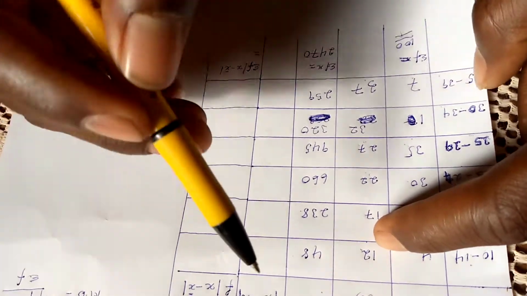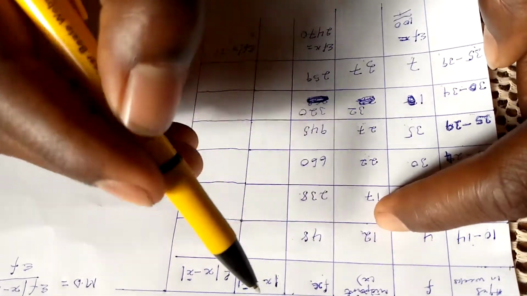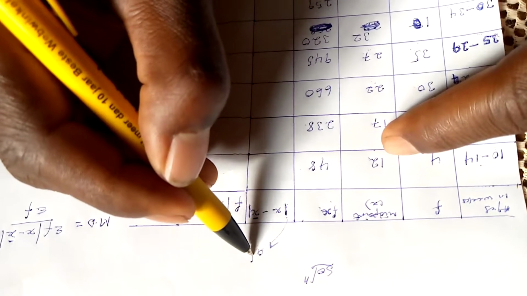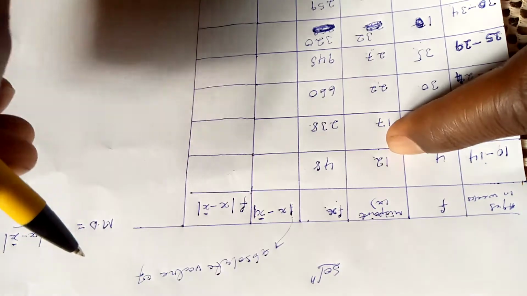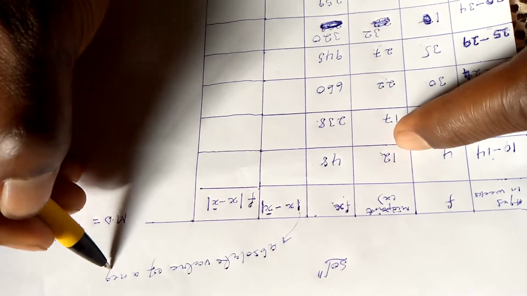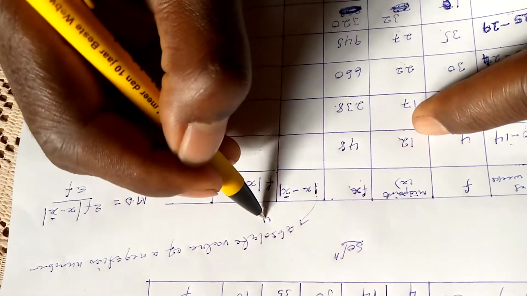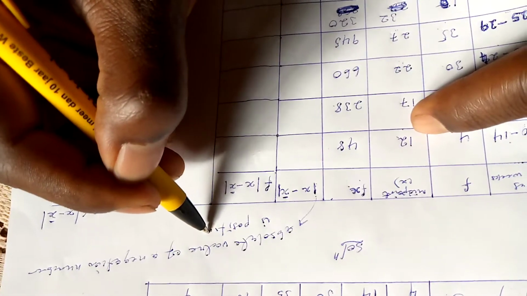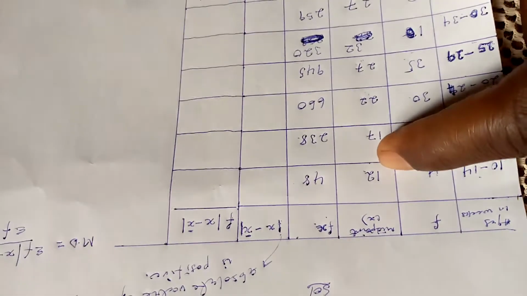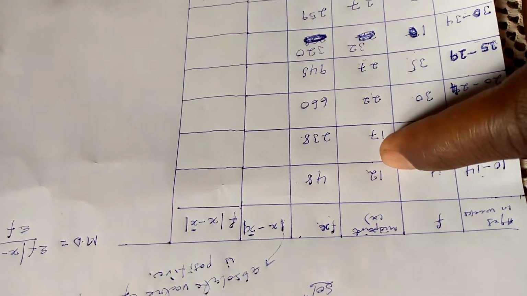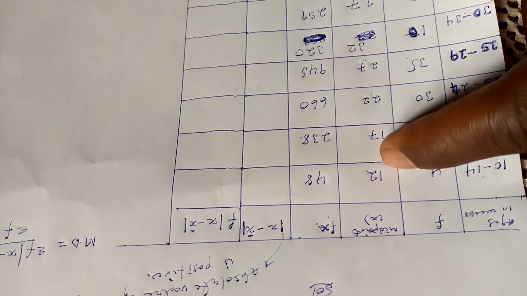But I want to tell you that this absolute symbol, these two bars, means the absolute value, and the absolute value of a negative number is positive. To make it simple and clear, the absolute value of any number, be it negative or positive, will be positive. So the absolute value is here to get rid of the negative sign of negative numbers.